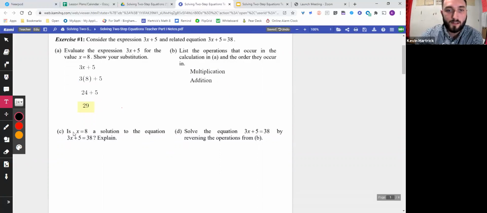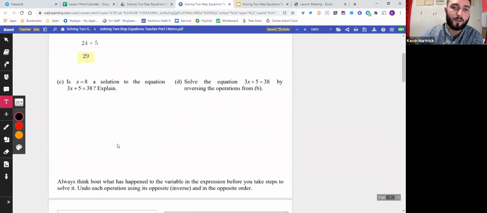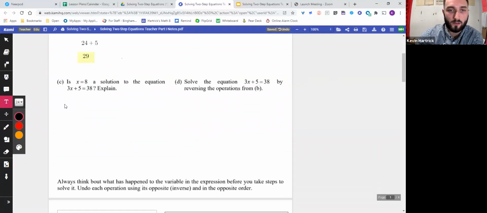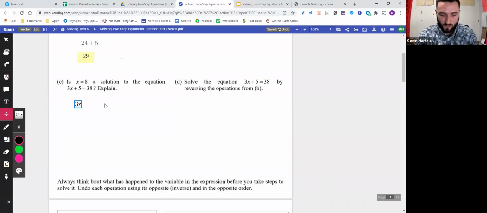C. Is x equals 8 a solution to the equation 3x plus 5 equals 38? Now they want us to figure out whether x can be 8 in this equation. In order to figure that out, we must substitute. So first, let me write it out: 3x plus 5 equals 38. Let's substitute in for that variable: 3 times 8 plus 5.